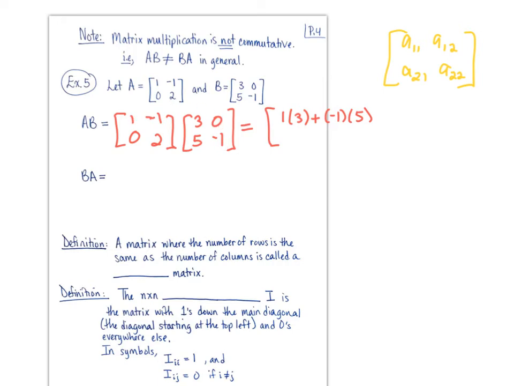So 1 times 0 plus negative 1 times negative 1. Then we want the 2, 1 entry here. So second row, first column, 0 times 3 plus 2 times 5. There's no particular reason why I didn't write parentheses there, so let's do that. Then we have second row, second column, so 0 times 0 plus 2 times negative 1.